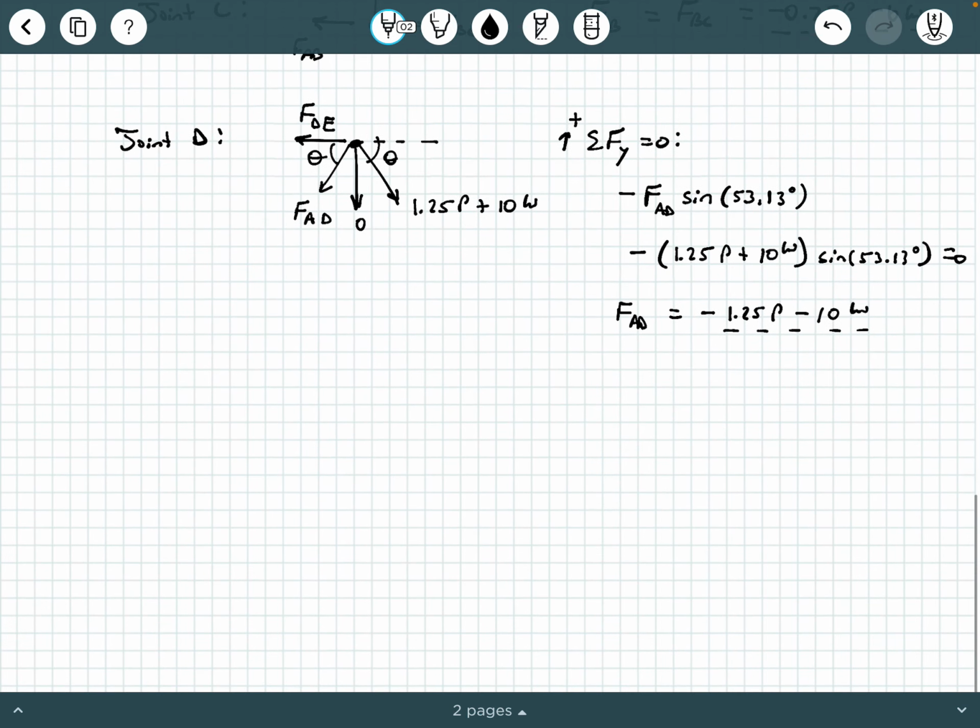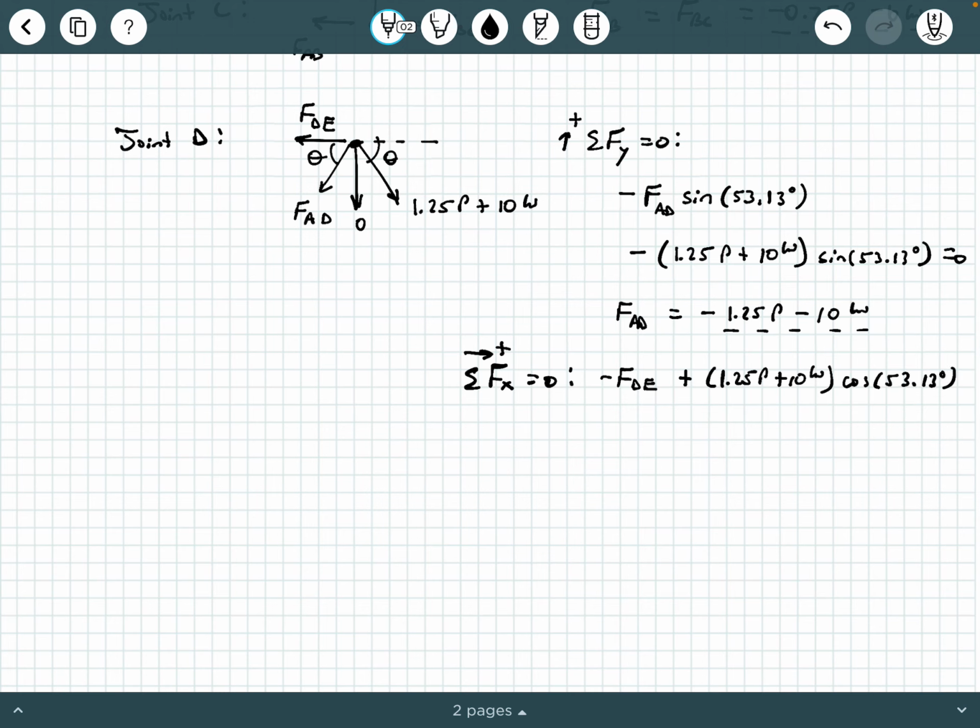And then we're gonna use our next equilibrium equation, sum of the forces in the x direction equals 0. And we're gonna write negative FDE plus the quantity 1.25 P plus 10 kilonewtons times the cosine of 53.13 degrees.